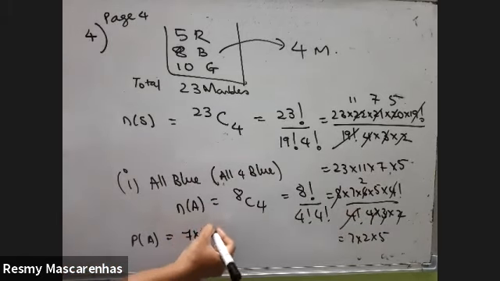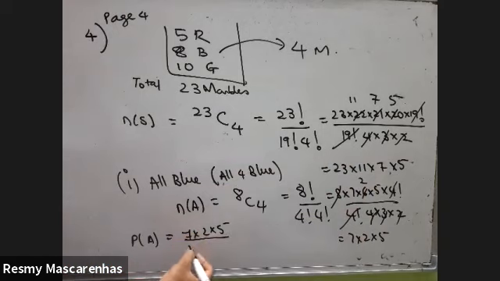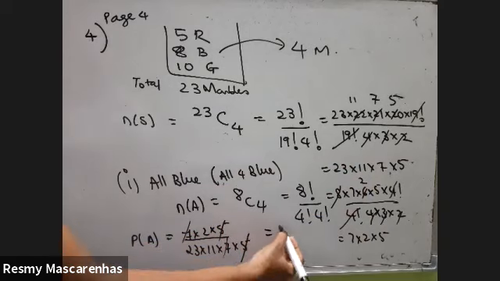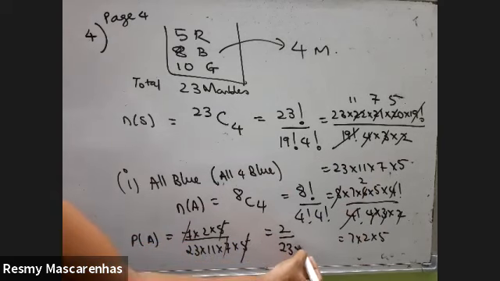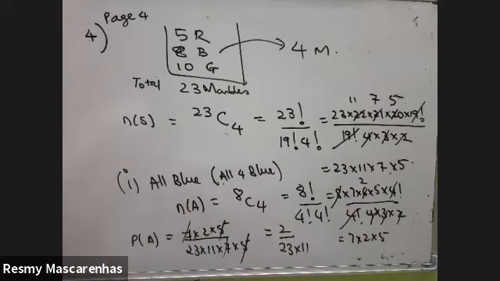So 7 into 2 into 5 upon 23 into 11 into 7 into 5. 7 and 7 will cancel, and then 2 upon 23 into 11. So that you multiply and write your answer. So that's the first answer.